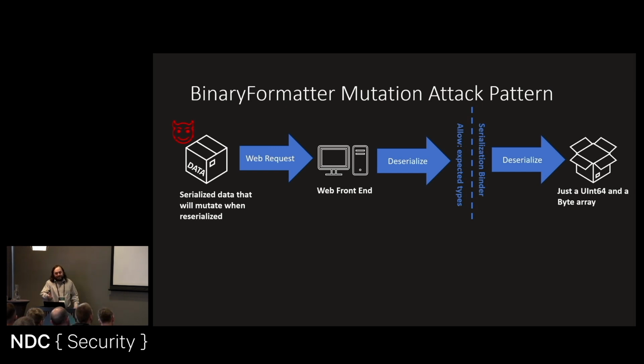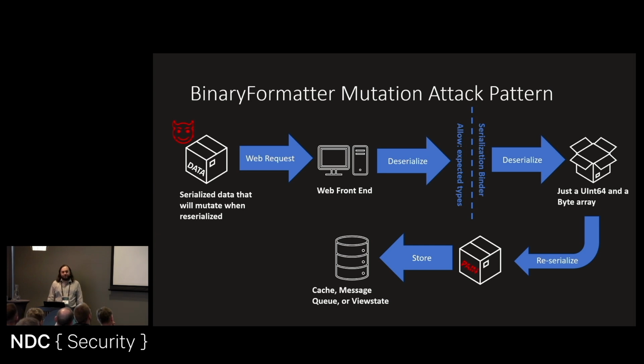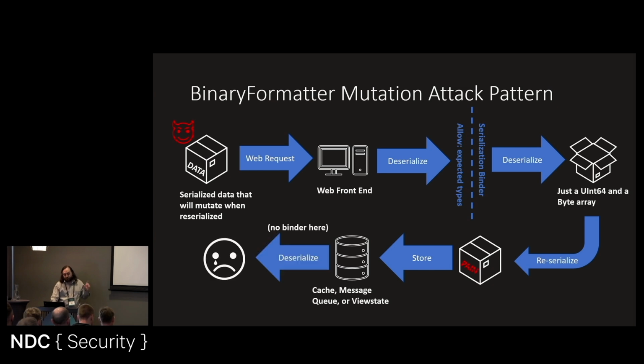And so then it gets that uint64 and byte array, but say it's going to take that object and then serialize it again. Like it's going to put it in a message queue or a cache or viewstate, because of course viewstate just uses BinaryFormatter behind the scenes to do writing and reading. When it does that, it's going to turn into something else. It's going to turn into an RCE payload that's now just hanging out in that cache or in your viewstate. So when it gets read again, that payload goes off.